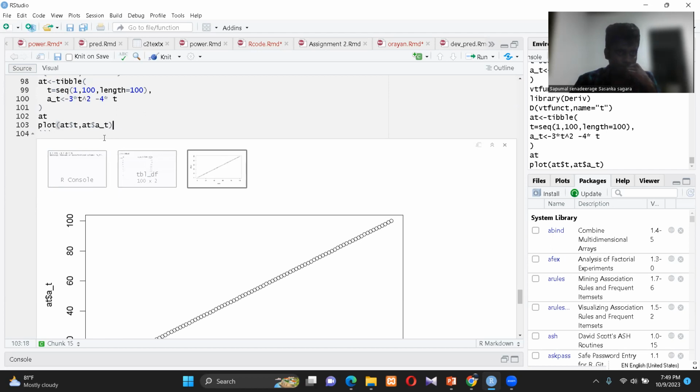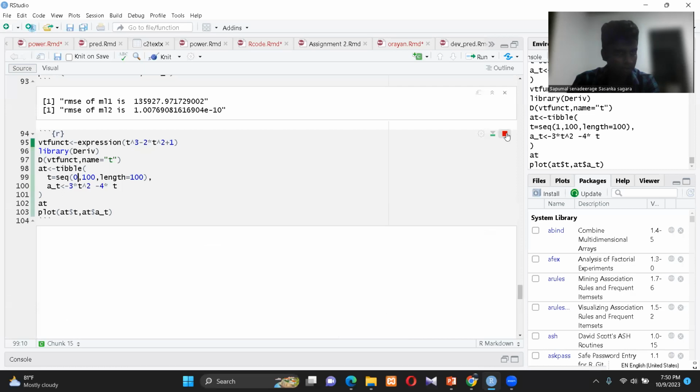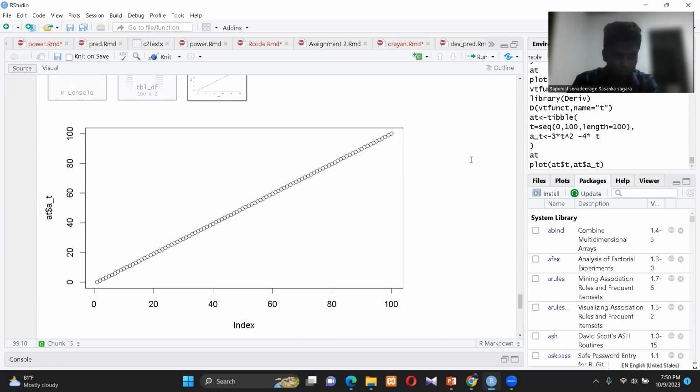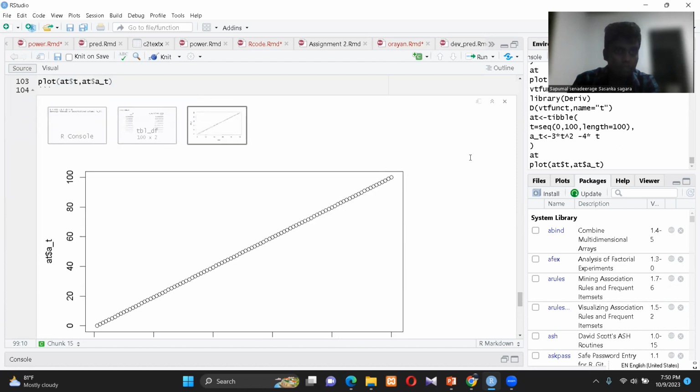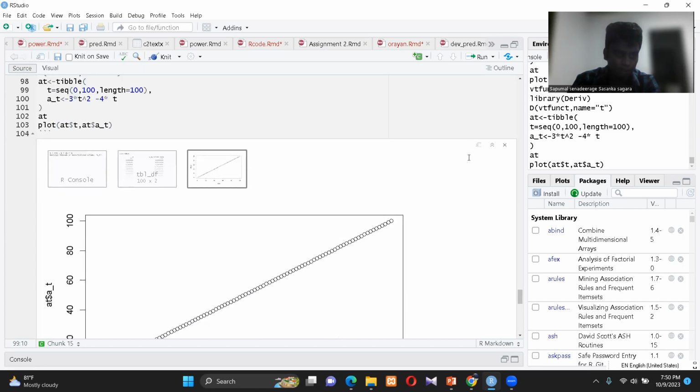So now there is a problem with that. Let me start it with 0. When t equals 0, acceleration is 0 as well.